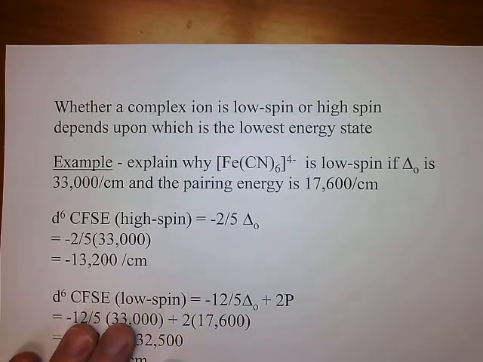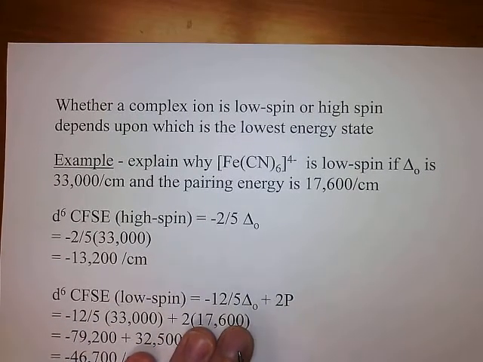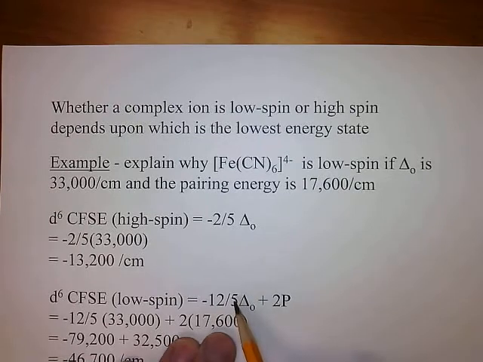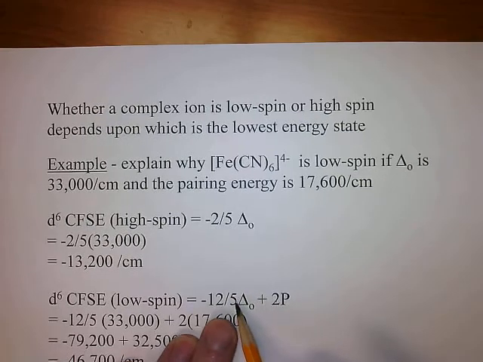For the crystal field stabilization energy for the low spin case, we calculated it to be negative 12/5 delta O plus two pairing energies. So it's always a trade-off. This number is going to be much bigger because it's 12/5 instead of 2/5, because we're putting all the electrons into the lower energy t2g orbitals, but we have to supply pairing energy.